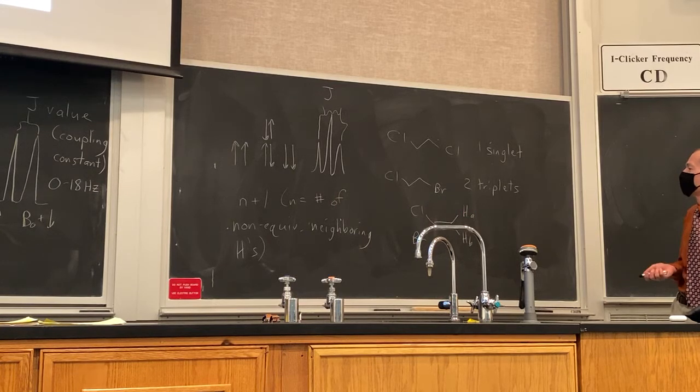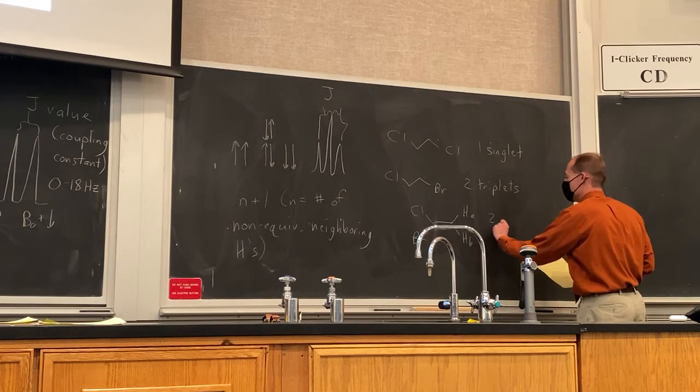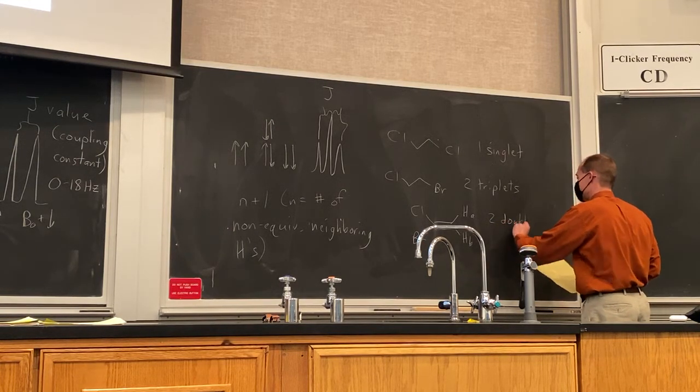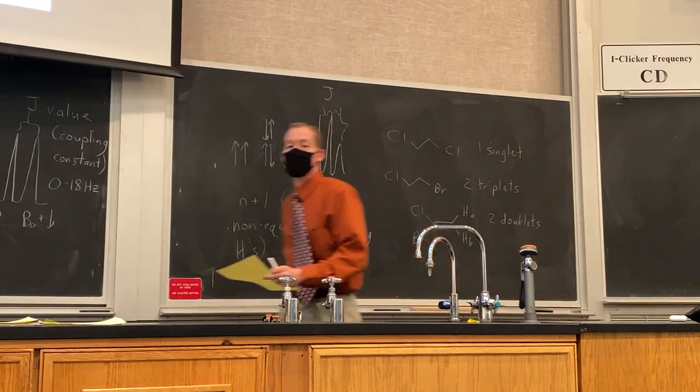A is cis to the chlorine, trans to the bromine. B is cis to the bromine, trans to the chlorine. So since these are non-equivalent and they're neighbors, they're connected by 3 sigma bonds or less. In this case, they're connected by 2 sigma bonds. Then they will split each other. So we would see 2 doublets in the proton NMR of this particular molecule.